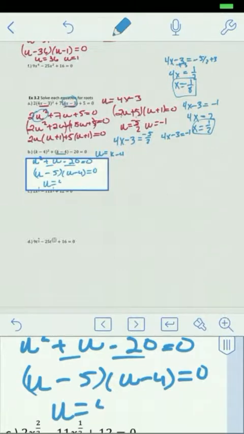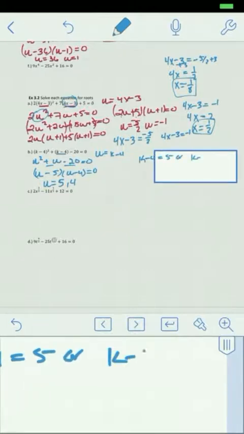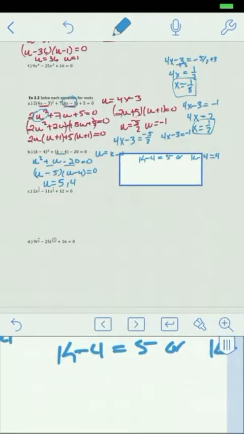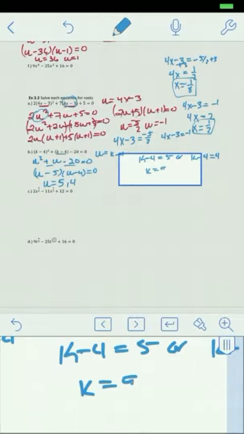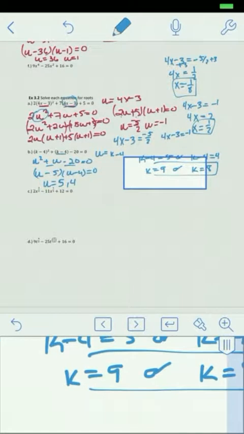In other words, u is equal to negative 5 or 4. Because of that, k minus 4 is equal to negative 5, or k minus 4 is equal to 4. Solve both of those. k is equal to negative 1, or k is equal to 8. Easy peasy, lemon squeezy.